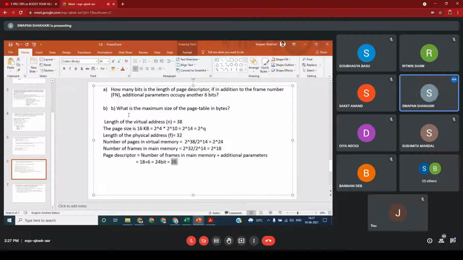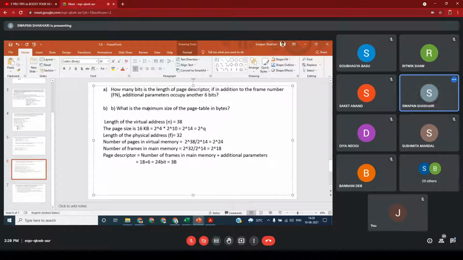So the second question is the maximum size of the page table. So 3 byte is needed for the page descriptor. So this much space is needed to identify every frame.